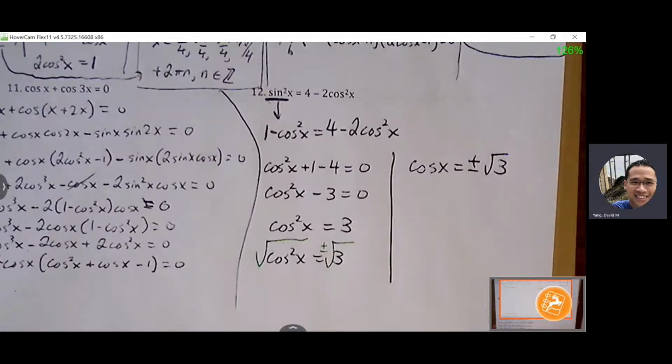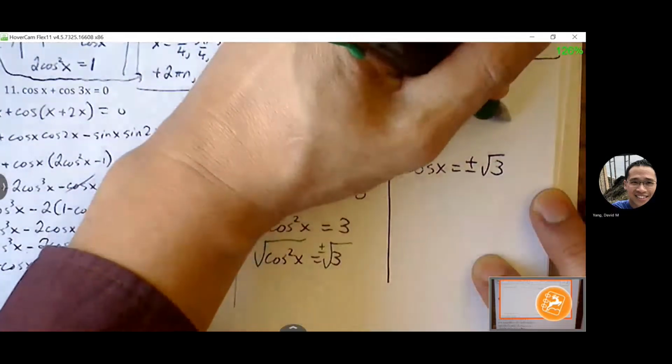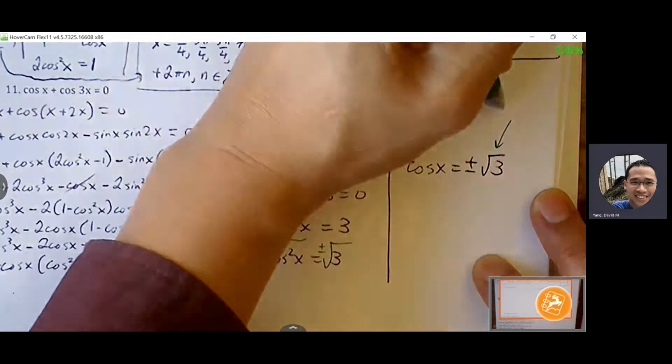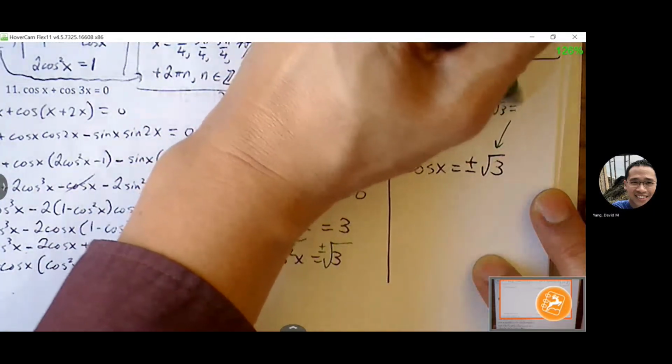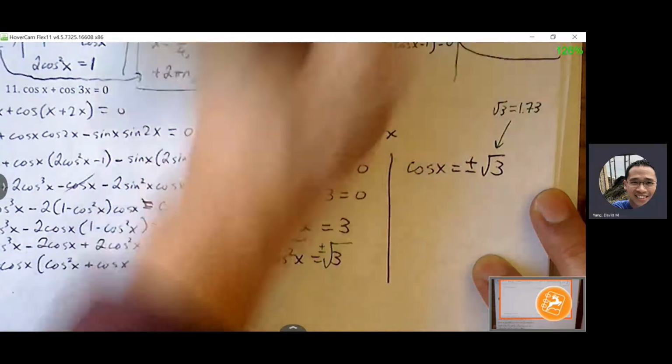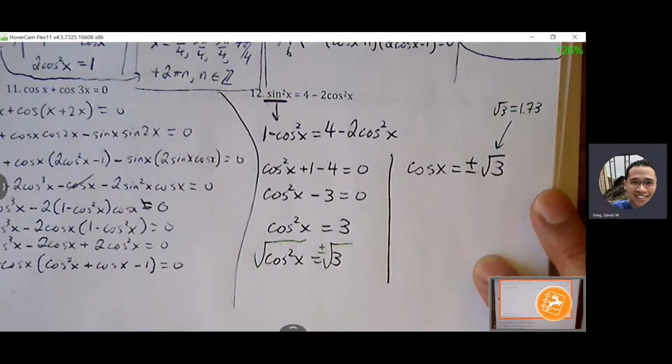Okay, what's going to happen here? Cosine of x equals plus or minus root 3. Root 3 is around 1.73. What does that tell us? Undefined, right?